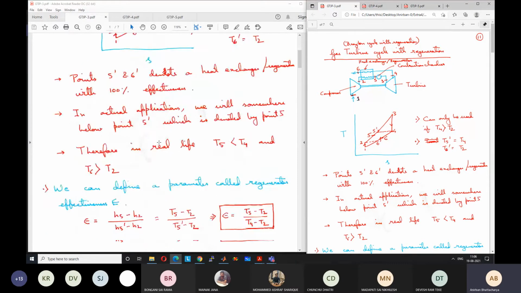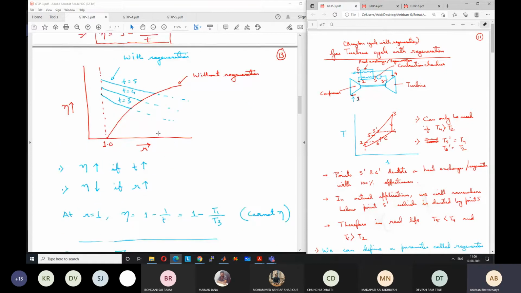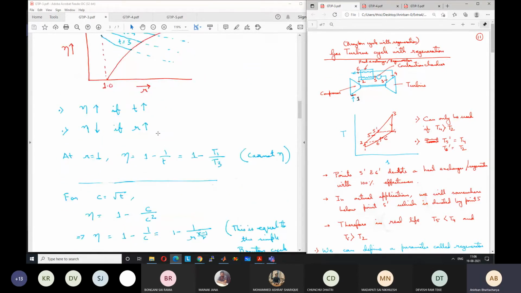And then we have seen how the variation of efficiency looks. In this case, the efficiency actually decreases with R. It does not increase with R, it decreases with R, unlike the simple Brayton cycle. What was the cause for this?